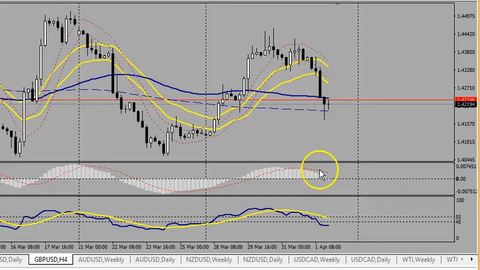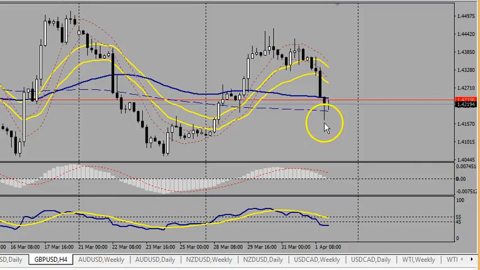The histo bars were getting smaller, smaller, smaller toward the zero, showing that the previous uptrend was losing a lot of strength. And again, we could have opened a trade just below the 50 moving average, right about there. We would have made some pips.